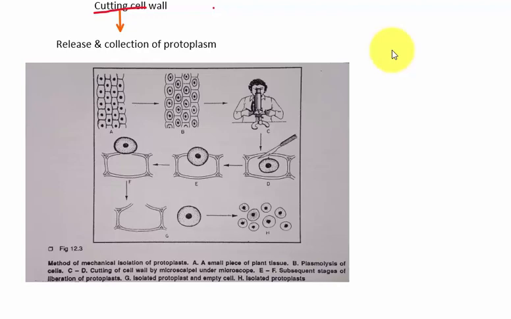So this is the process. First, this is the small piece of plant tissue. Then there will be plasmolysis, that is the shrinkage of the protoplasm when you place it in the hypotonic solution.